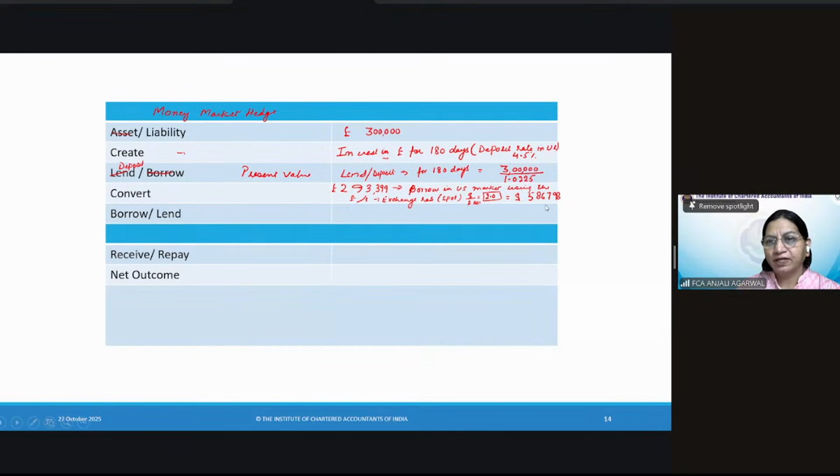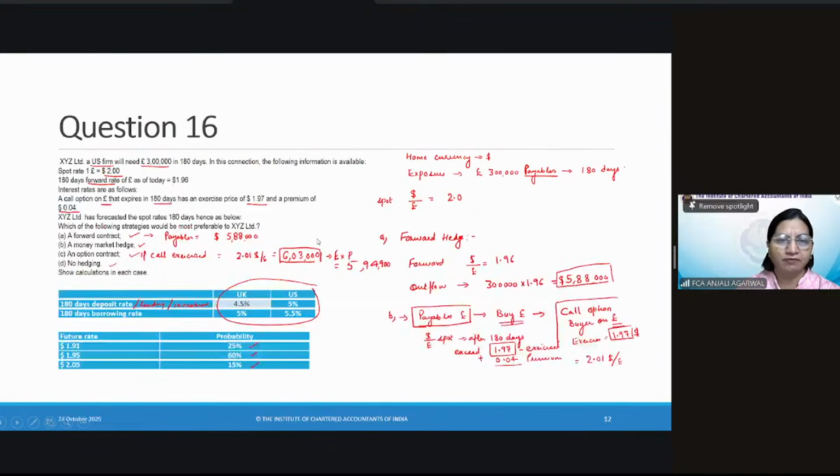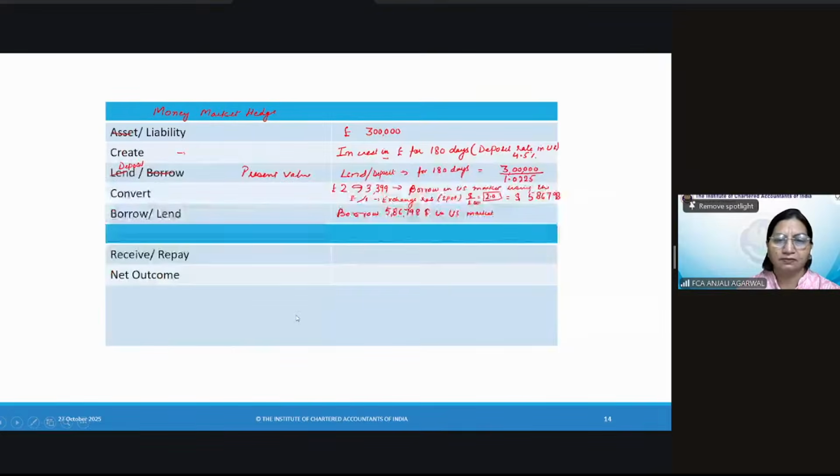So borrow 586,798 dollars in the US market, and in the US market the borrowing rate is 5.5%. So this is the scenario you have created today.